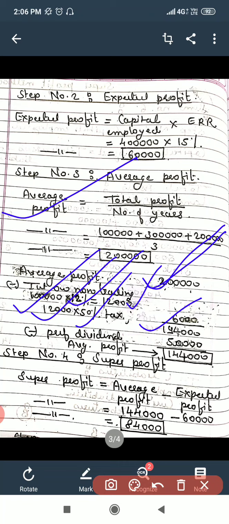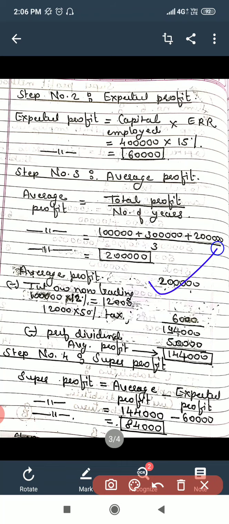The next is 2 lakhs, that is my average profit, minus interest on non-trading investment 6,000. I will get the profit of rupees 1,94,000.